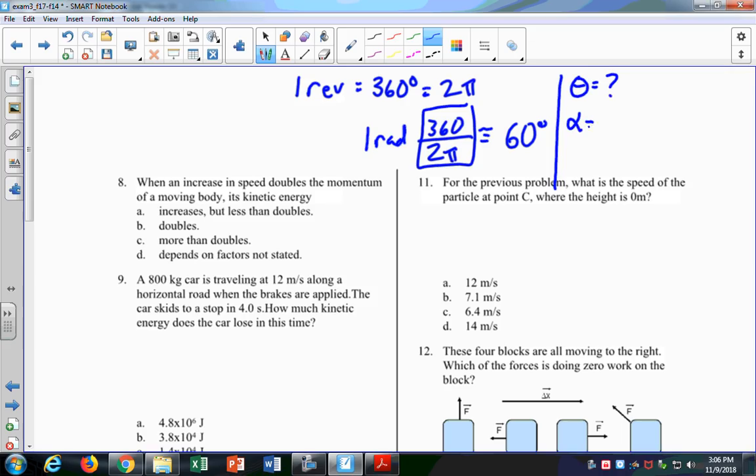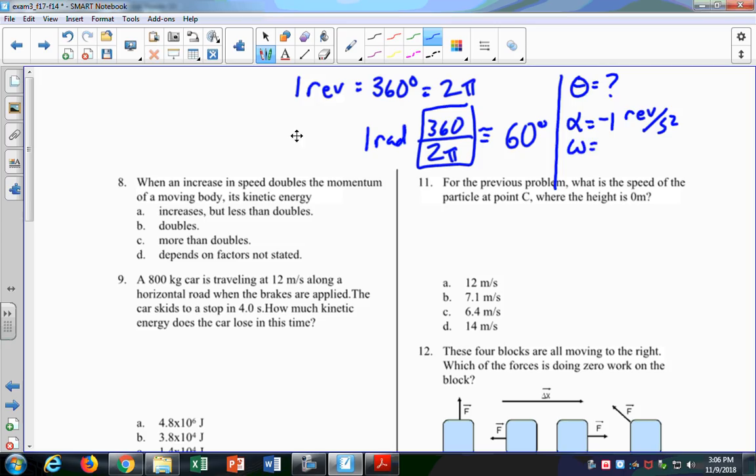I'm told that alpha is 1 revolution per second squared, but it said that it's slowing down. That means that alpha is going to be opposite the direction of omega, right? Alpha is our acceleration, omega's our velocity, so I'm going to make this a negative.